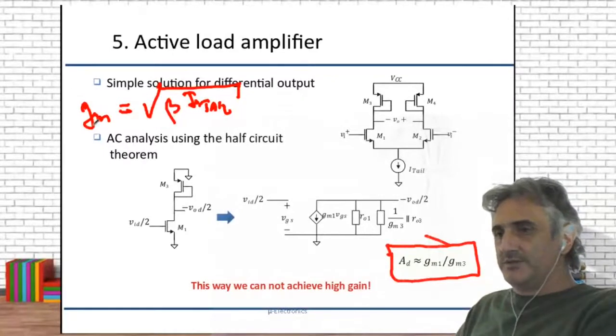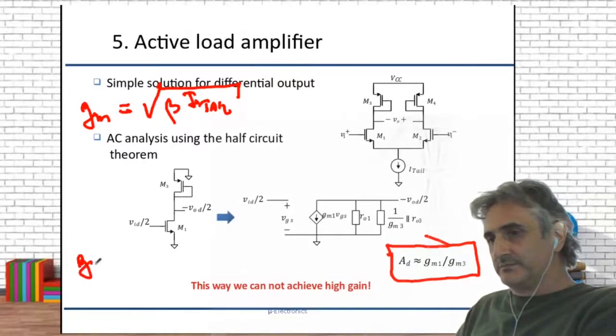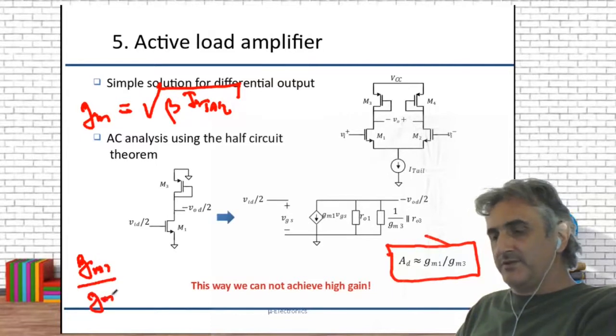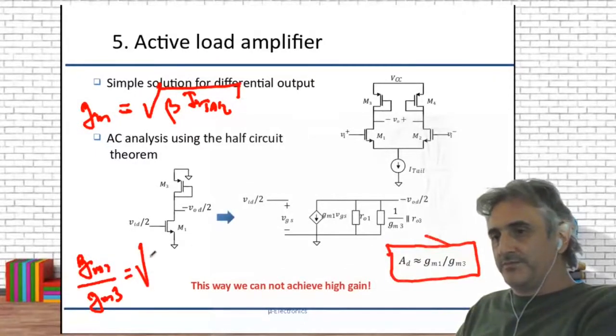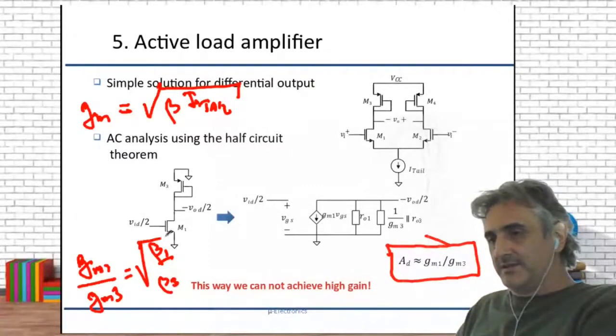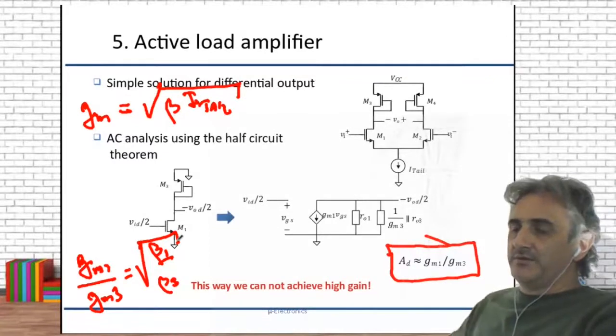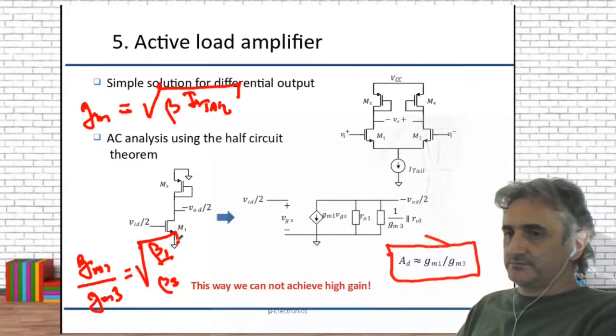So the relation between GM1 and GM3 is the proportion between the transconductances, the betas of the transistors, so this is the square root of the size of the transistors.